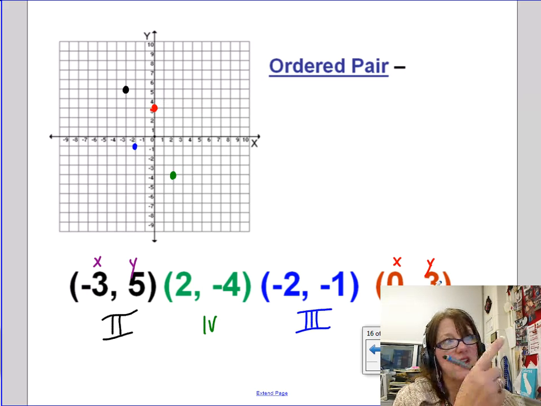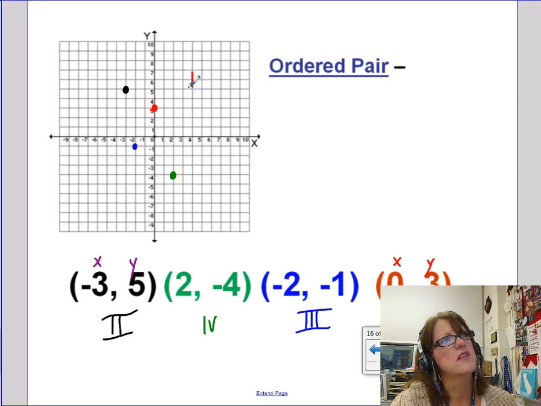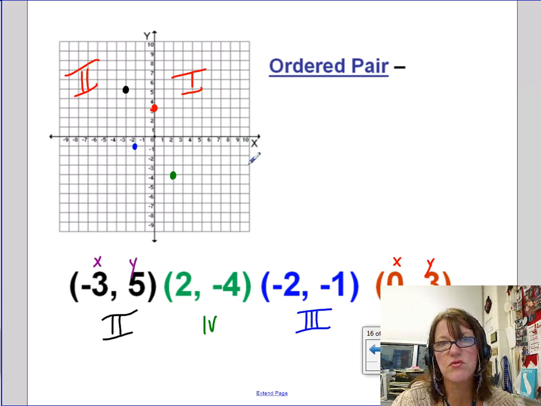Now, if I asked you what quadrant that is in, look at your picture. Is it in quadrant 1? Is it in quadrant 2? What would you say?